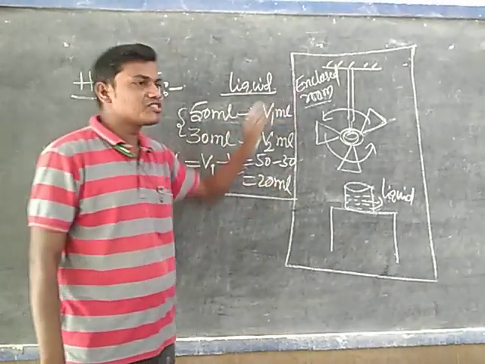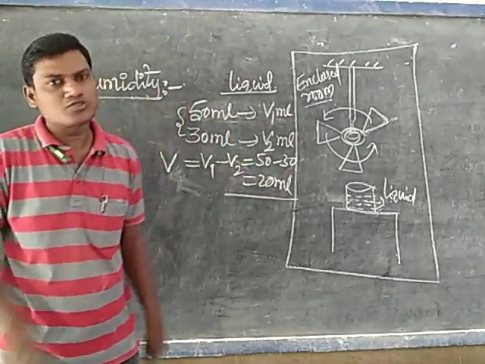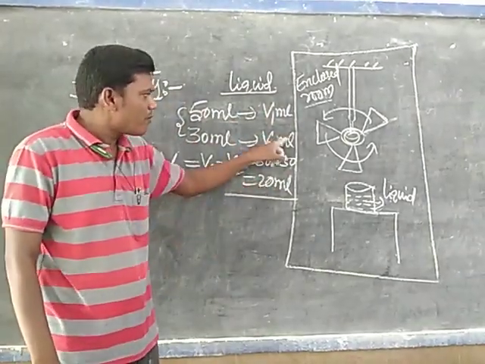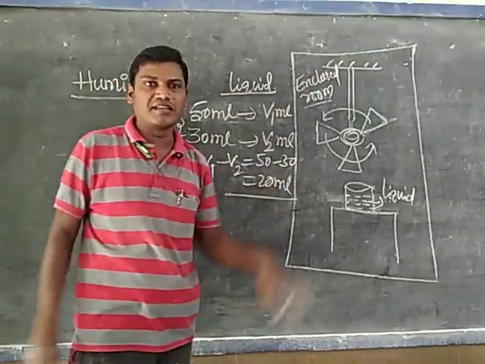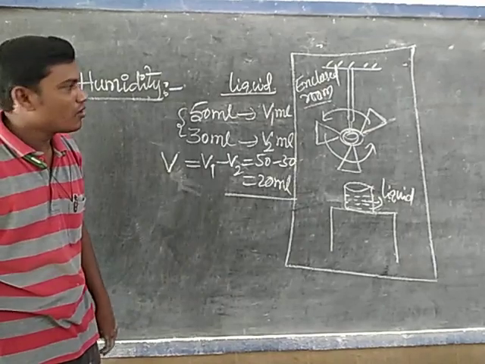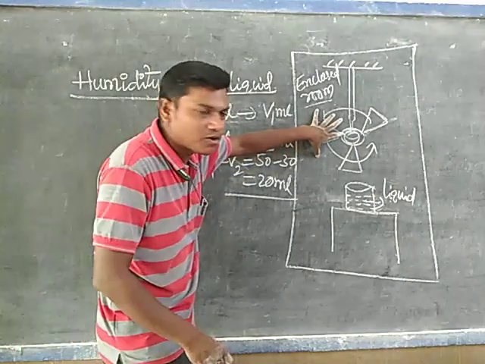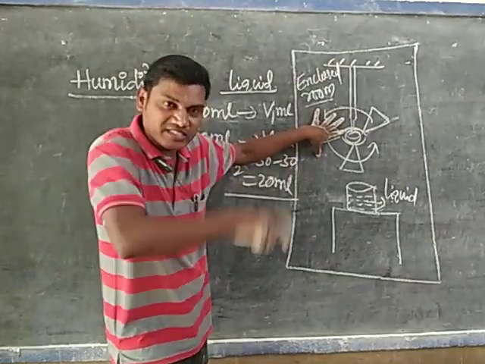But here, which type of room is it? It is an enclosed room. Due to that, where will the evaporated liquid go and settle? Inside the room only. Initially, what is already present inside the room? Air is present.